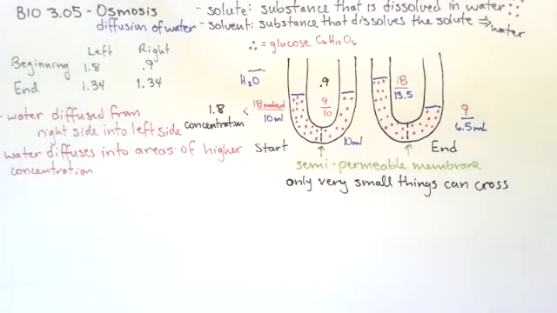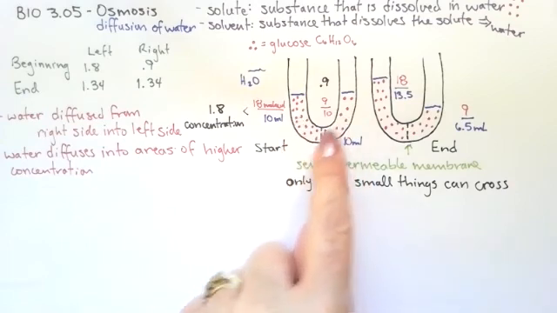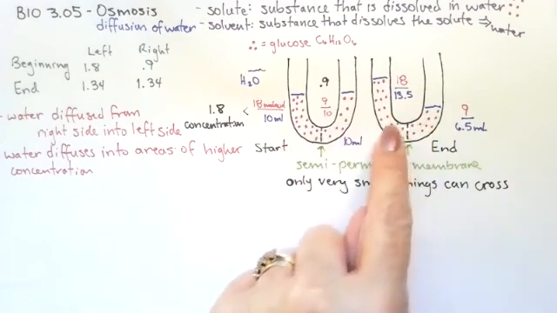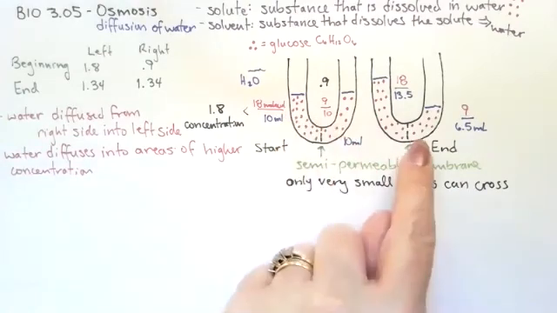That's a little bit confusing because we said diffusion always goes from areas of high concentration to low. But think about it. By the water changing, we make the concentration even. We really are concerned about the concentration of glucose. So in this case, the water is the equalizer.